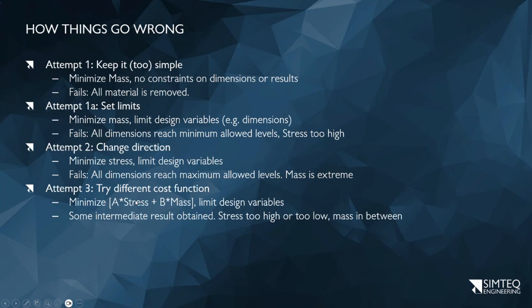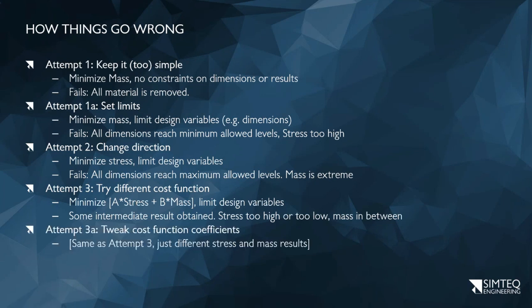So I weigh it more towards stress. So I tweak the cost function coefficients, and now I get something similar, just different results. So it's still an intermediate mass, different stress state, different mass. And at some point, let me ask: is this actually an optimum design? And the answer is probably not.